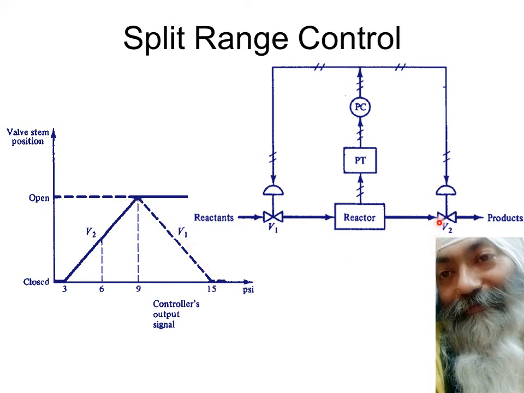So either you open the output or you close the input, the effect will be the same, that is to reduce the pressure. And this is how the controller is going to split its range to have two manipulations: manipulation on the output as well as manipulation on the input. And this is done by splitting the range into two parts to control one output, that is pressure.